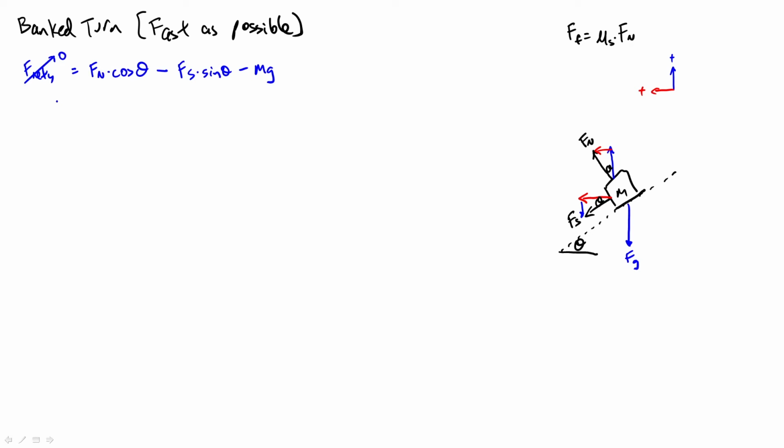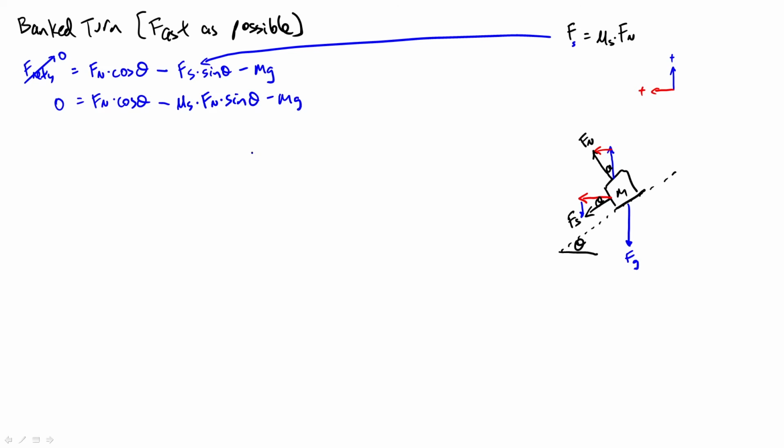Okay, now let's start cleaning this up. So 0 is equal to Fn times the cosine of theta, and we're going to drop this right into here. So minus the force of static friction, which is equal to mu s times Fn times the sine of theta, minus mg. You'll notice that since we have two Fn terms here, we could factor it out.